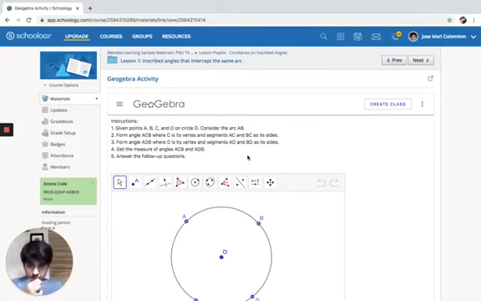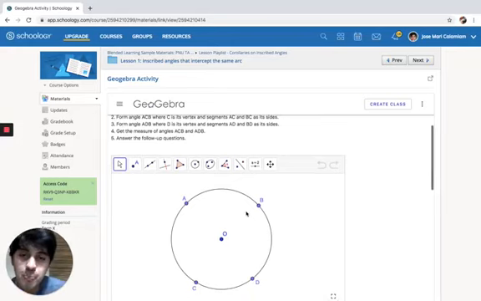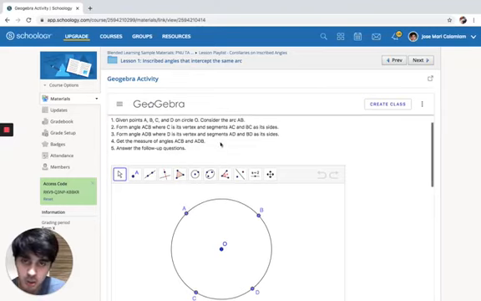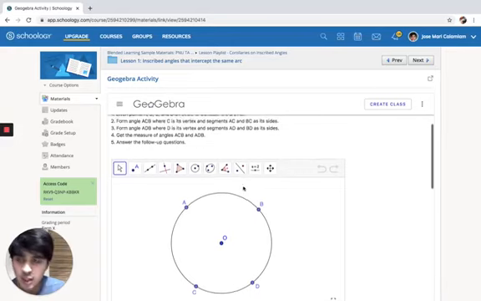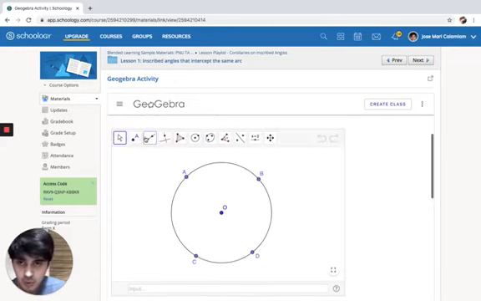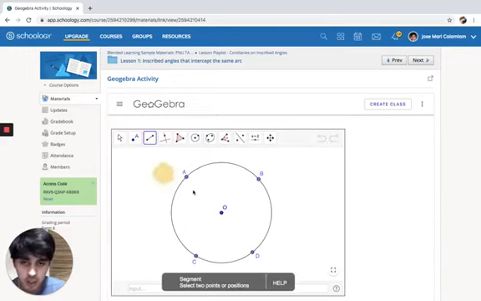In the instructions, they will be given points A, B, C, and D on circle O. Consider the arc AB. We form angle ACB, where C is the vertex, with segments AC and BC. They're going to construct angles ACB and ADB, so first put the segments.